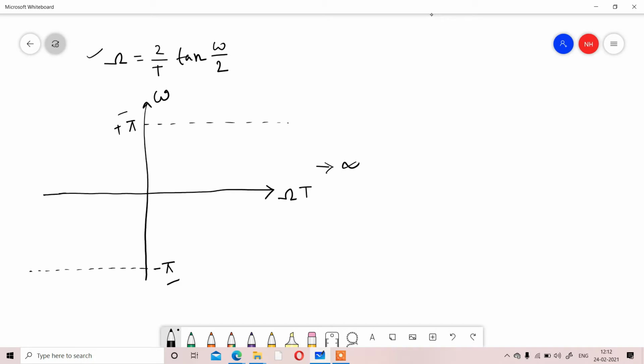Okay. So if we try to understand that characteristic, we will get a characteristic like that for small frequencies, and whenever we increase the analog frequency, if we consider that expression, we will see a non-linearity in the digital frequency.